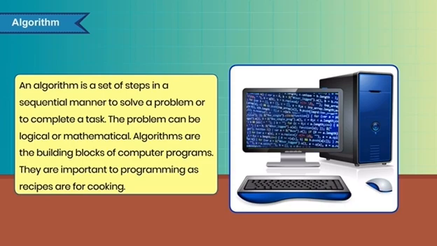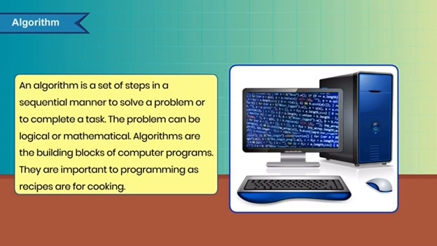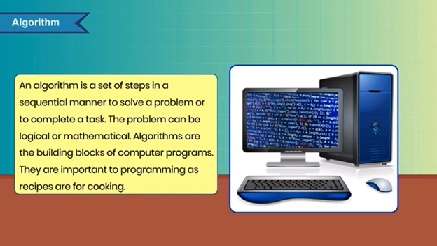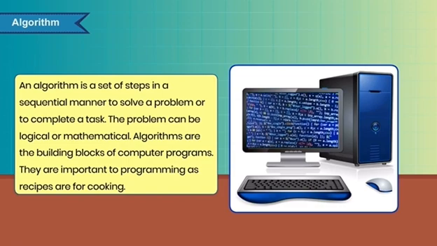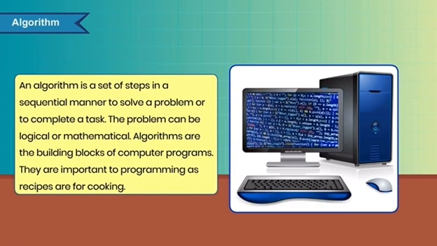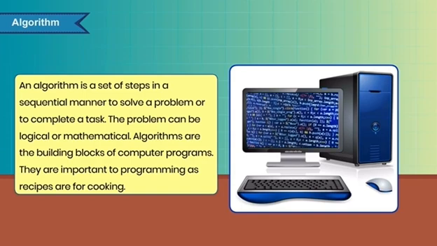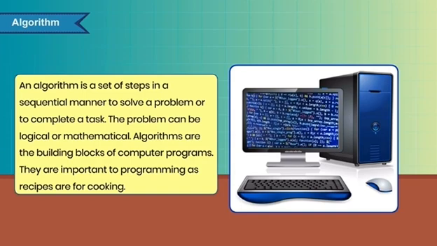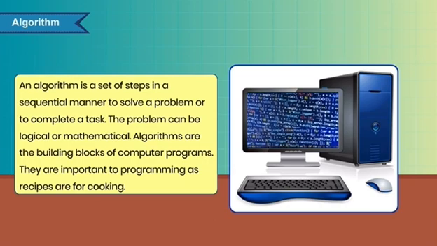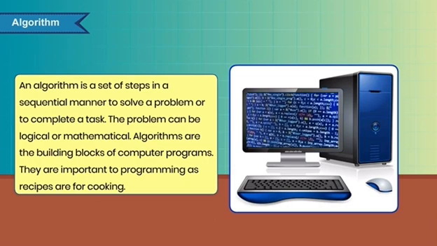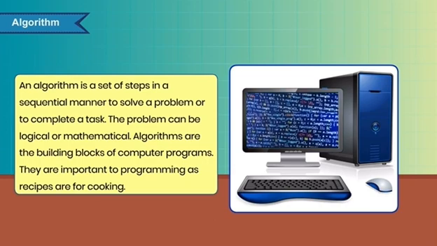An algorithm is a set of steps in a sequential manner to solve a problem or to complete a task. The problem can be logical or mathematical. Algorithms are the building blocks of computer programs. They are important to programming as recipes are for cooking.